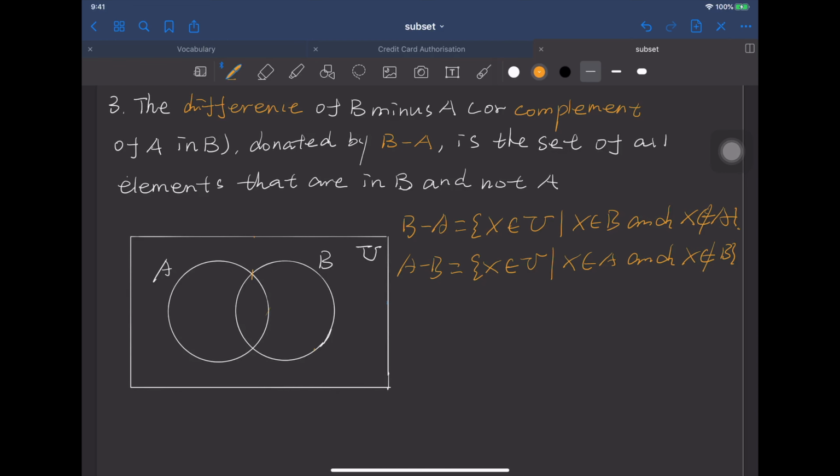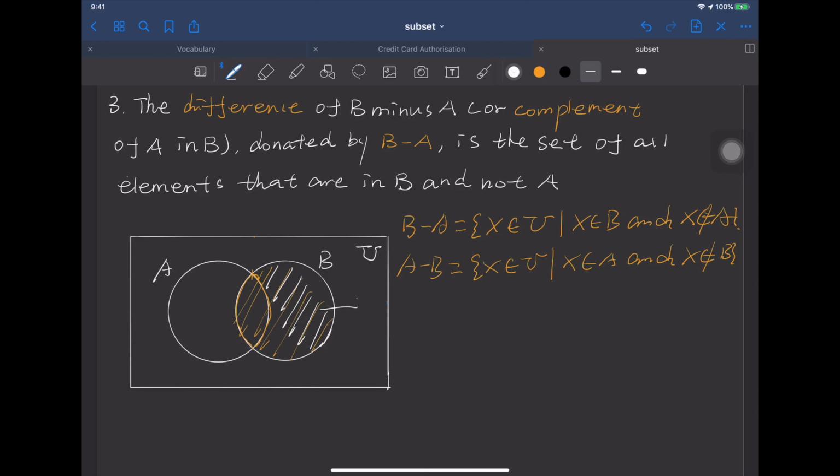It can also be indicated by Venn diagrams. So let's consider B minus A. B minus A means we find an element in our set B. Like this, we shade these regions to indicate all elements of B. But it's not an element of A, which means we have to take out the part of A. We have to take out the overlap part, so it becomes only this part.